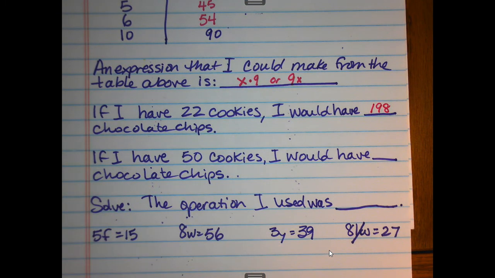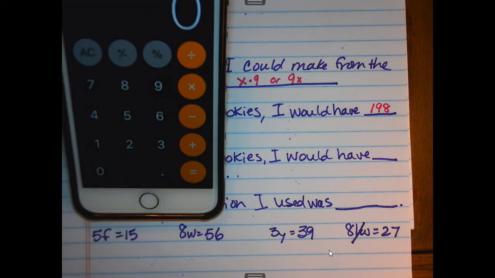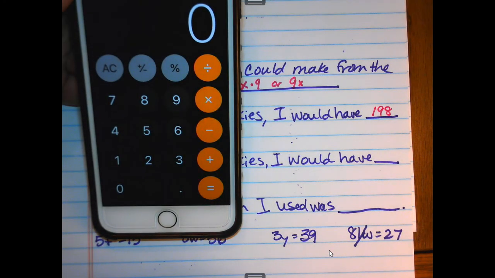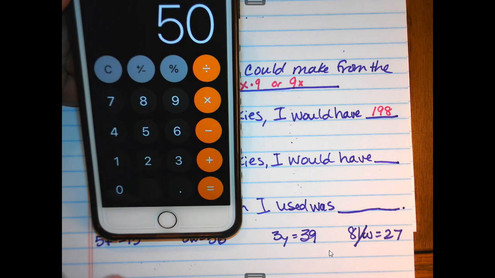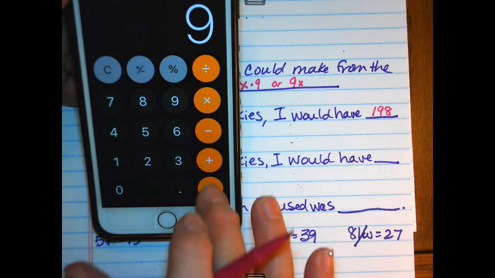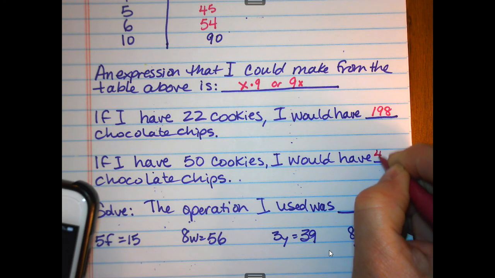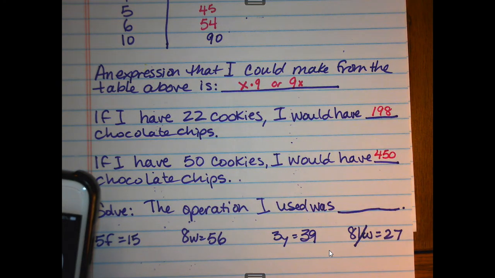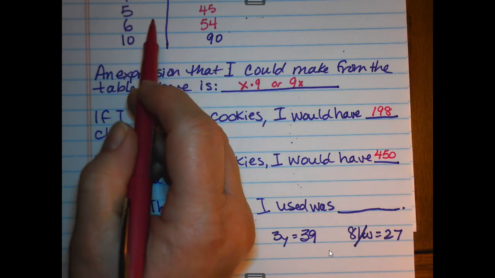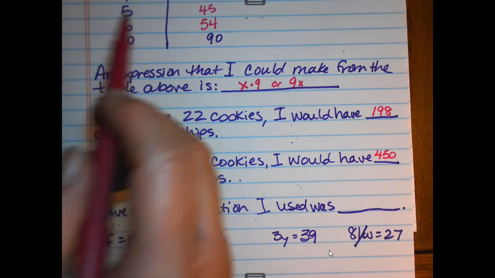And then if I have 50 cookies, so back to 0 down in the calculator, 50 cookies times 9, I would have 450 chocolate chips. Now, we can do this for any quantity of cookies, and that's what makes using expressions a little bit more efficient than these in and out tables.